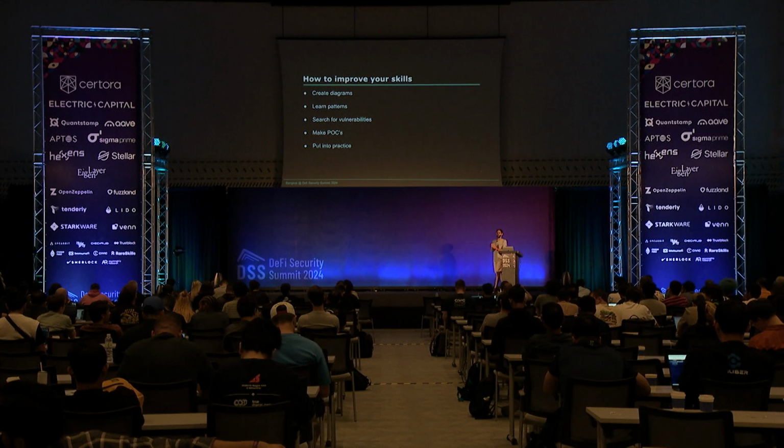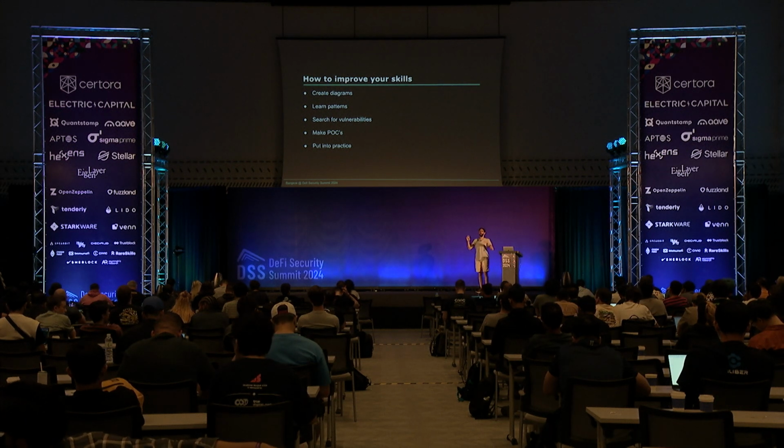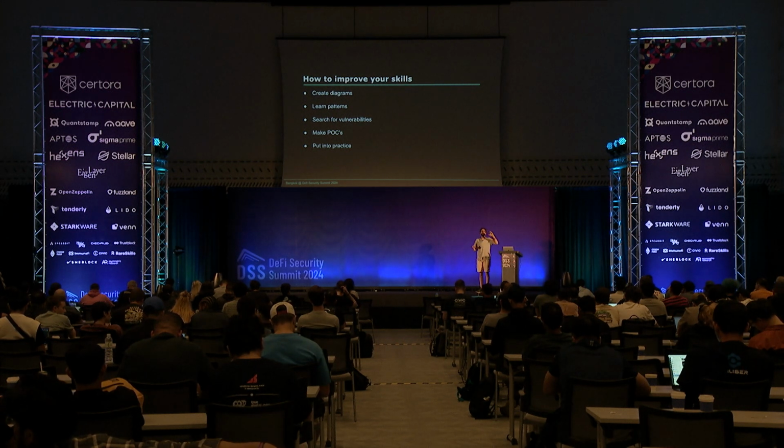So after that, we know that we could have the same issue in Solana. We have these common vulnerabilities, but from now on, how do I improve my skills and get better at it? During my process of improving, I usually like to create diagrams of the project.